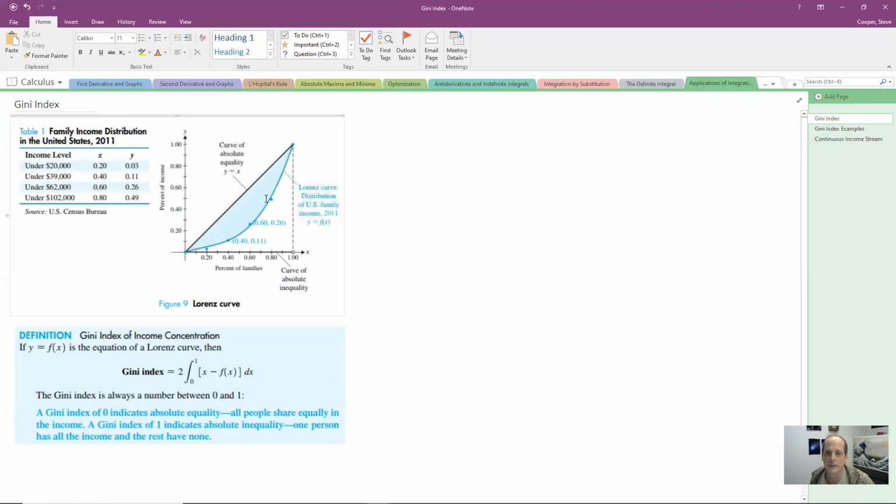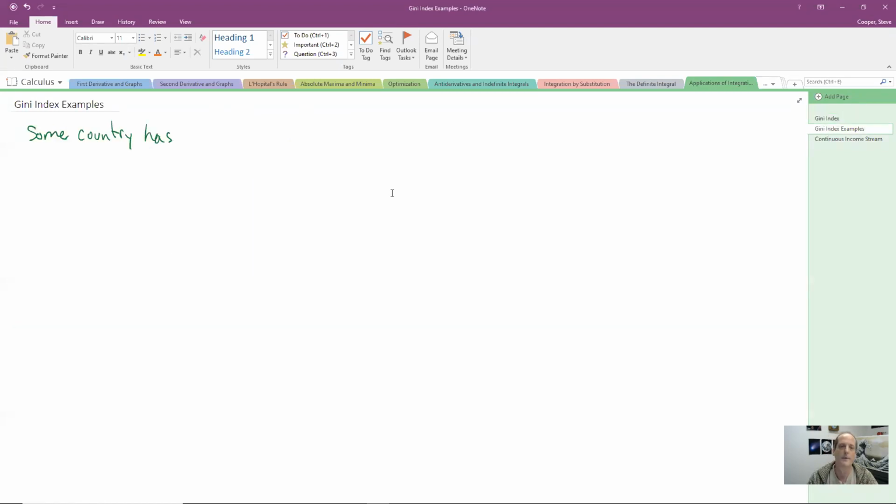this is called the Lorenz curve, the one that actually models the distribution of income for a given country. So we're going to say some country has a Lorenz curve, f of x equals x to the 2.6.